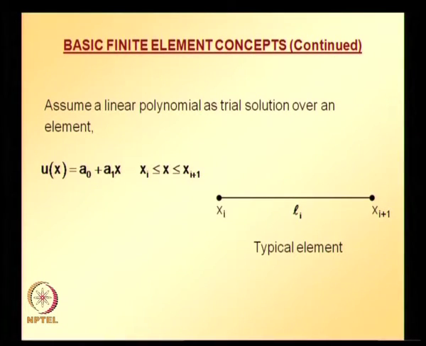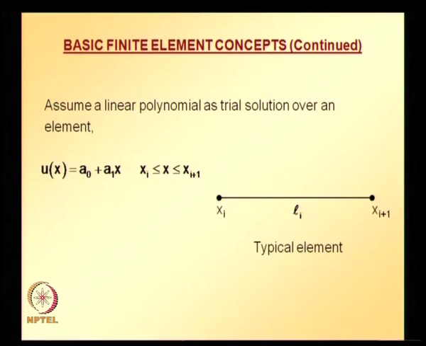If the unknown solution at node i is denoted using ui, and the unknown solution at node i plus 1 is denoted using ui plus 1, you can get 2 equations from the assumed linear polynomial trial solution: the u value at x equal to xi is ui, and the u value at x equal to xi plus 1 is ui plus 1.